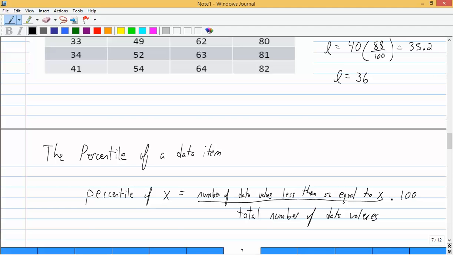So it doesn't have to be an actual data item. It can be any data value, even if the value is not present in the set of data.